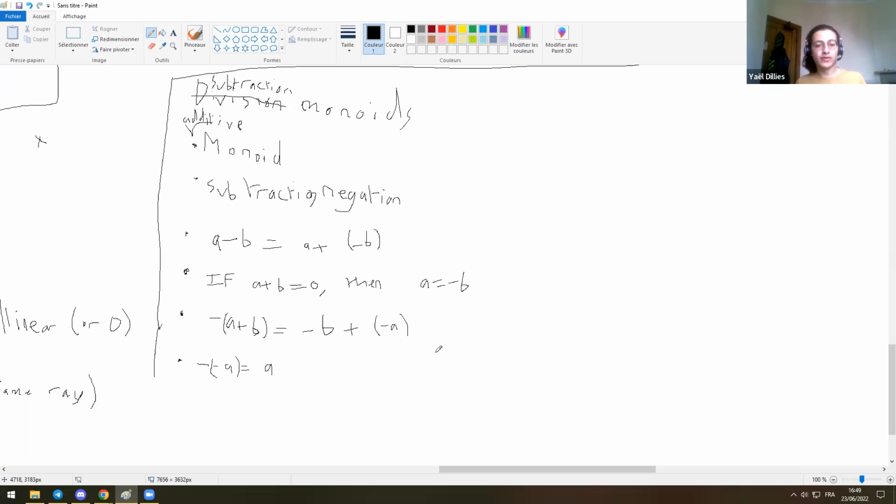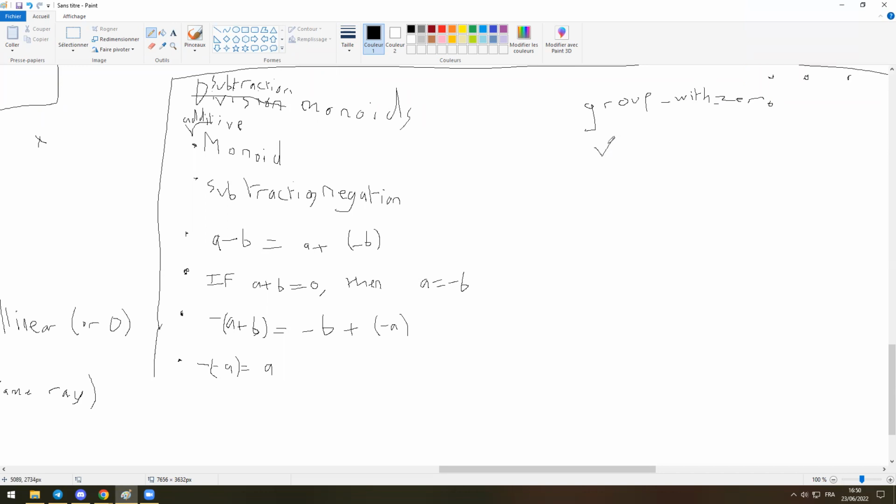So we know this is a generalization, but if we think of it with the multiplicative operation, this is also the case for group with 0. If we look at group with 0, 1 over 0 is defined to be 0.